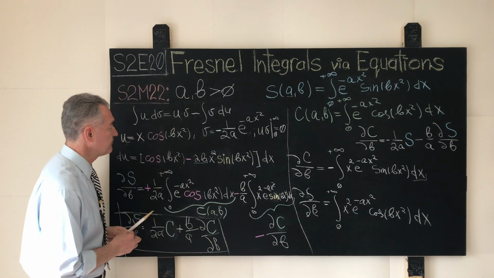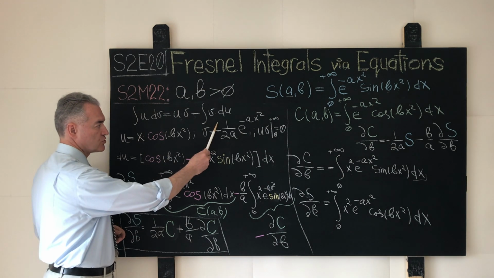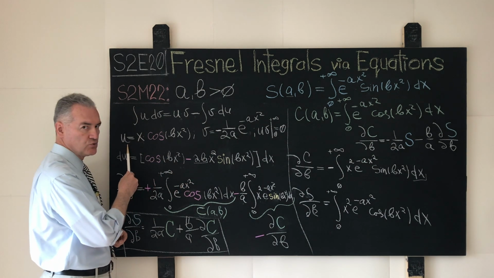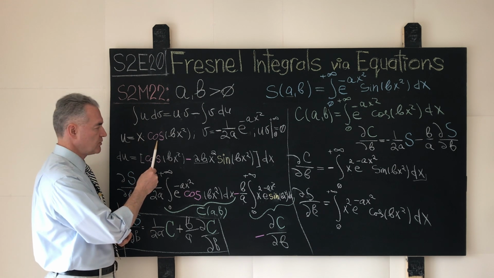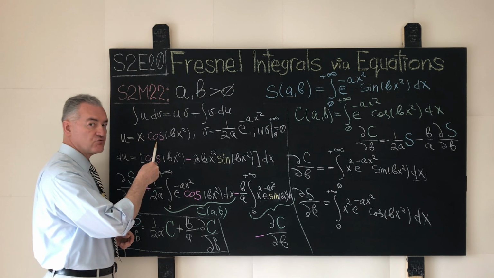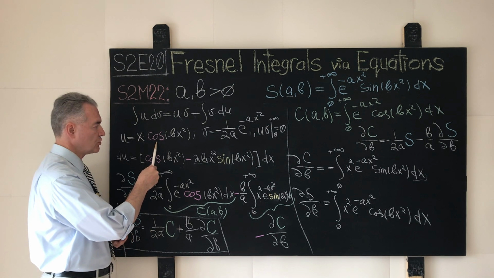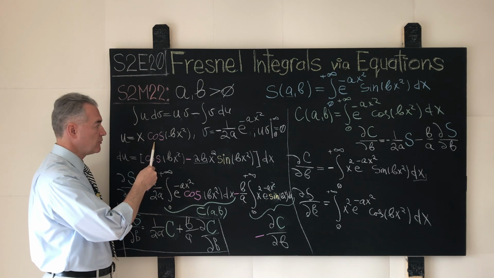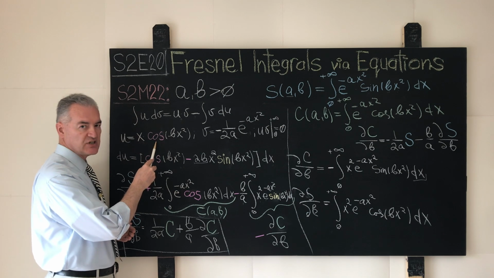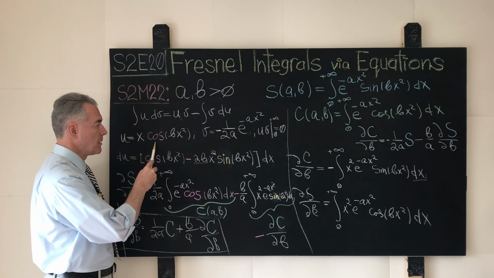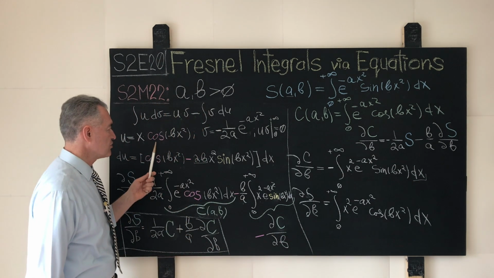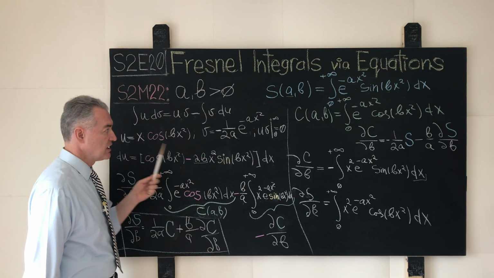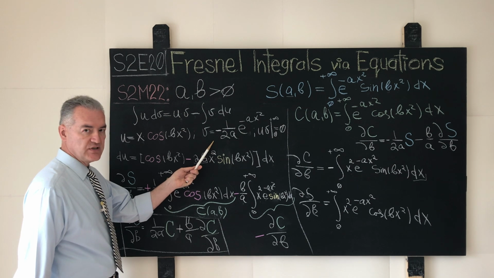In other words, based on this formula shown here, we again put u as a product of x times cosine this time. That's why I showed it here in the red chalk, so that you can go back to your records and compare. In the previous segment, you have the trigonometric function of sine here, but since we're working with this integral, now we have the trigonometric function of cosine. The structure of the function v is the same.